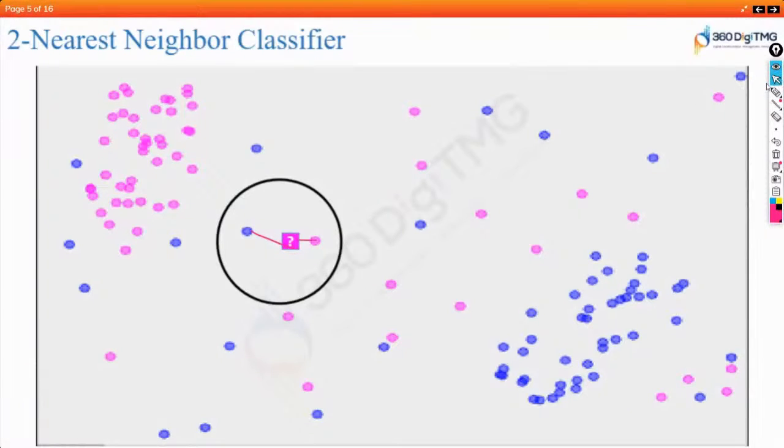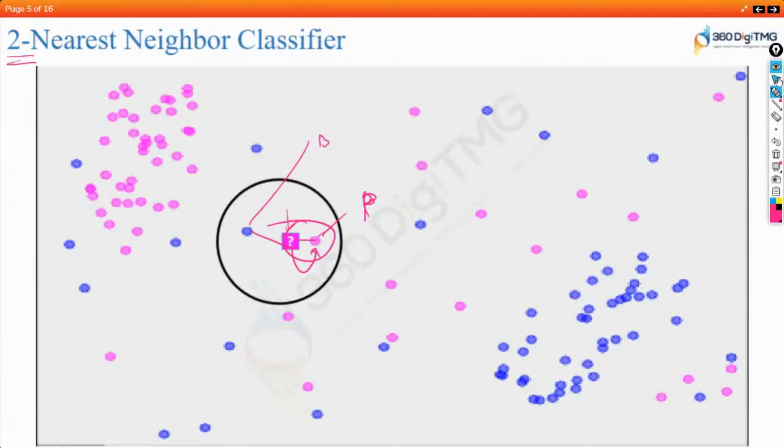Now, the question here is, there is an ambiguity. One is blue class, the other one is pink class. We are taking two shortest distances, but there is an ambiguity because one is pink, one is blue. So in such cases, we go with the closest one among the two. Because this new data is close to pink, we assign it to the pink class.